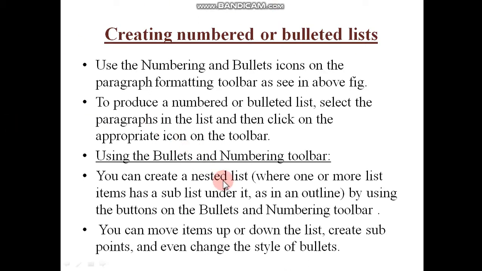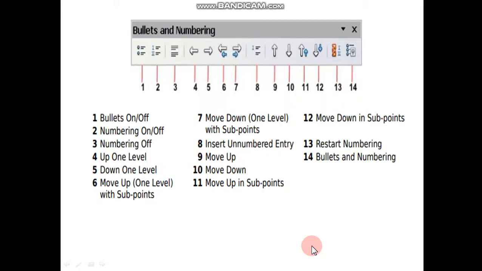You can create a nested list where one or more list items have a sub list under them, as in an outline. By using the buttons on the bullets and numbering toolbar, you can move items up or down the list, create sub points, and even change the style of bullets. In bullets and numbering, first is bullets on or off, second is numbering on or off, third is numbering off, fourth is up one level, down one level.